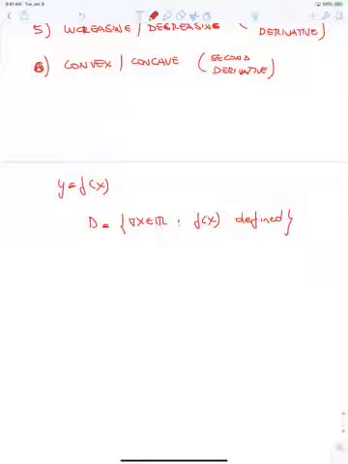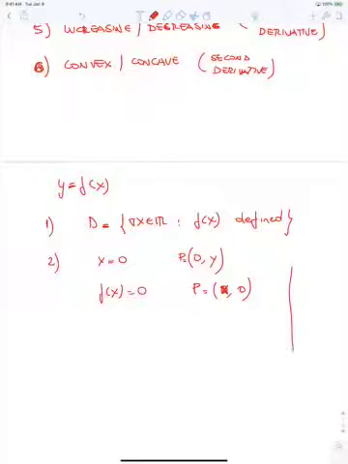Then we want to study the intersections. So we're going to impose x equals 0 and study the value of y. And then we want to study where f of x is equal to 0. So we want to study the points in the form x and 0. This is going to give us the intersection on this axis and this axis.